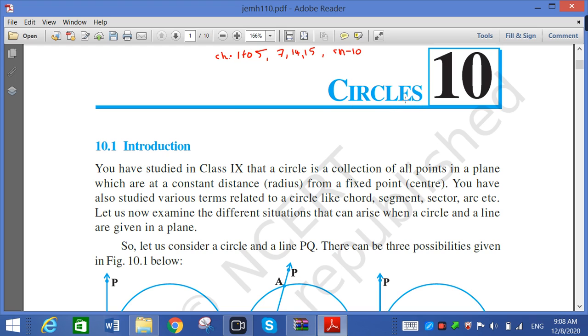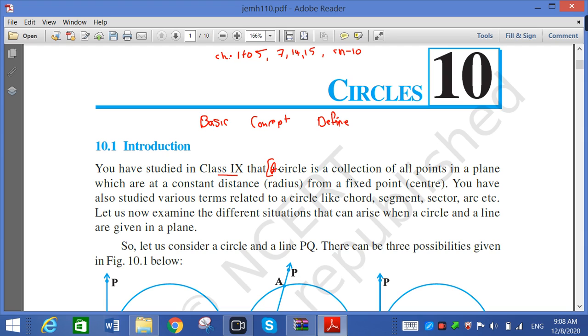So in chapter 10, first of all, we go through the basic concept. In the basic concept, first of all, go to the 9th standard, where we learned the definition of a circle. So what is the definition of a circle?